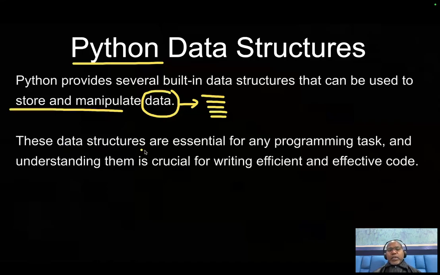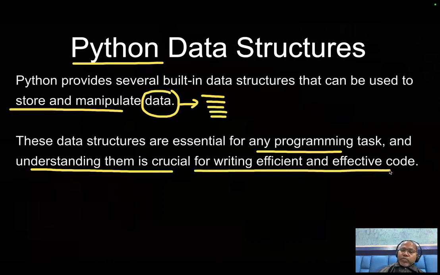So these data structures are essential for any programming task, and understanding them is crucial for writing efficient and effective code. Once you know at least these data structures, you can use them effectively, and they make our code more concise and more predictable.